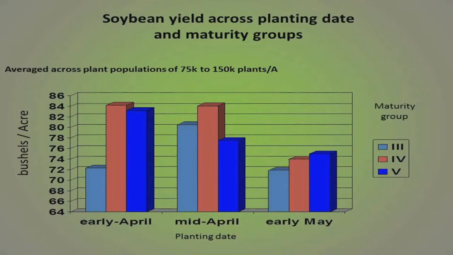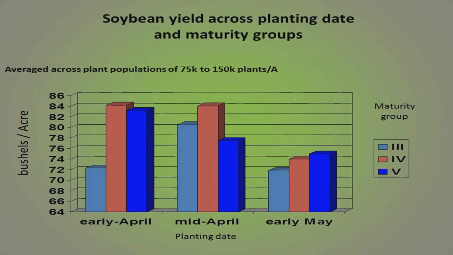When we look at soybeans across planting dates and maturity groups, it's the same thing we've seen for several years. We also see this in Arkansas and Mississippi. Our trends follow theirs very closely. If we plant our 3s too early, then we've decreased yields, so we look at planting no earlier than mid-April.